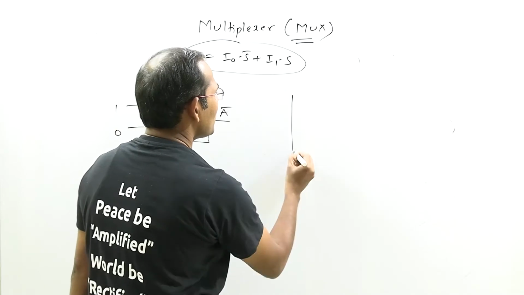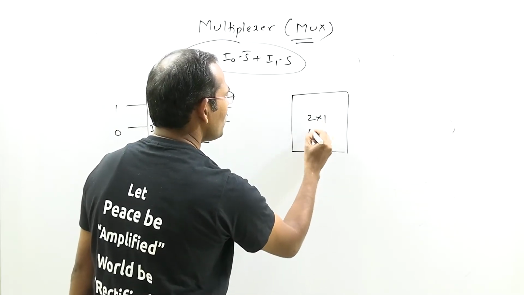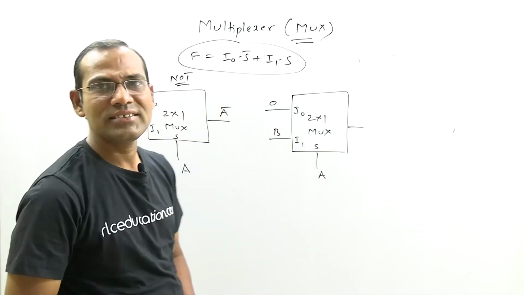We'll see one more example. Suppose we take a 2 by 1 multiplexer, and suppose I connected it like this.